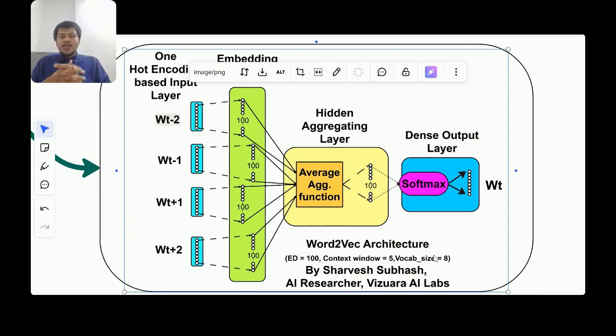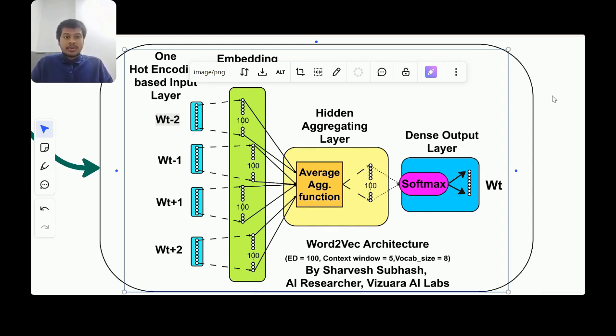So now with this knowledge, you'd be able to build your own Word2Vec. The theoretical aspect of how Word2Vec works is now done. This particular configuration is with an embedding dimensionality of 100, context window 5, and vocab size 8.